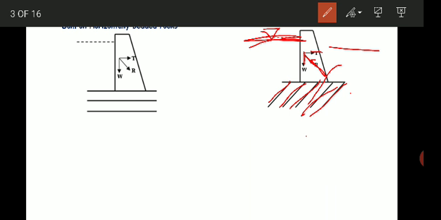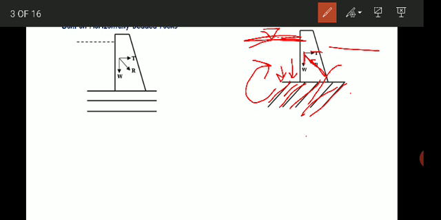Thus the beds which are dipping gently towards the upstream side offer the best resistance to the resultant, that is R, and they obstruct the leakage of the water. Suppose there is any leakage along the bedding plane, then this water will be circulated back to the reservoir. It will not go to the downstream side. So that is one advantage.